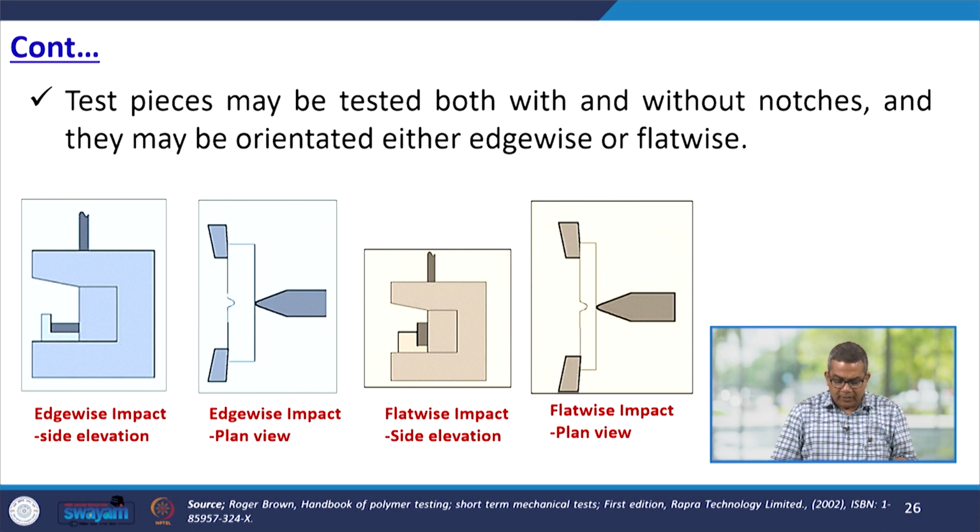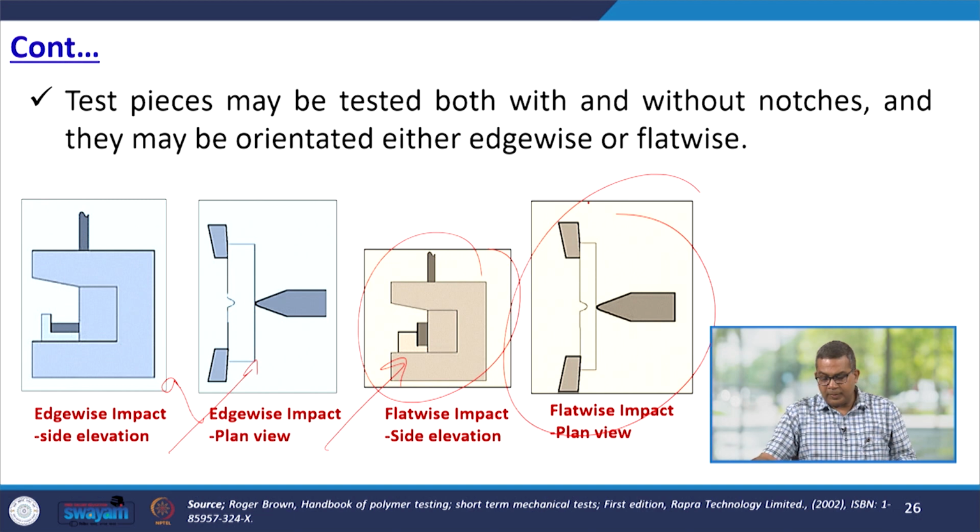You can see in this figure the edgewise impact side elevation, and this is a plan view of edgewise impact. This is the flatwise impact, and this is the flatwise impact with the plan view.